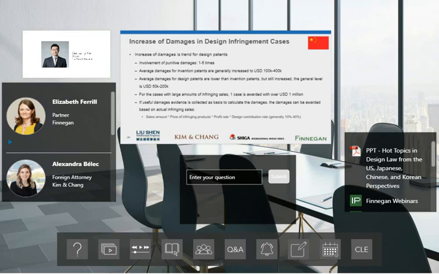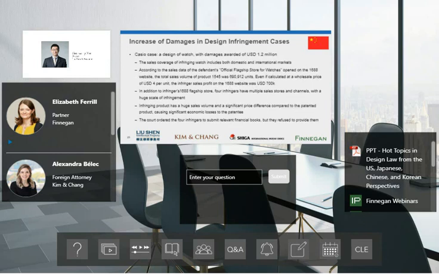Actually it is generally available for all the other IP fields; for example, in the trademark field, punitive damages were incorporated many years ago. But for the patent system, it is incorporated only in this 4th Amendment of patent law. So the current practice is that the damages of design infringement cases have been increasing a lot.